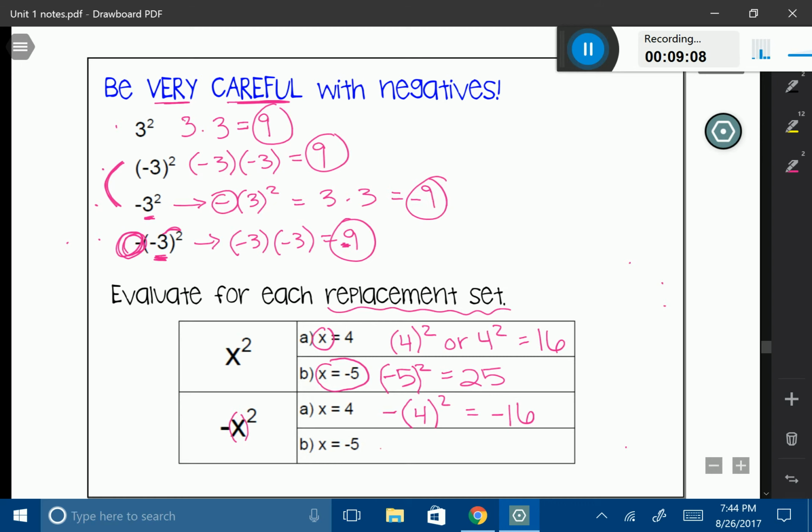My next one's going to be negative. I'm going to put my negative 5 in my parentheses and I'm going to square it. My exponents first, negative 5 squared is going to be 25. But then I'm going to multiply it by that negative 1 outside to give me negative 25. So very, very careful with these little pieces here.